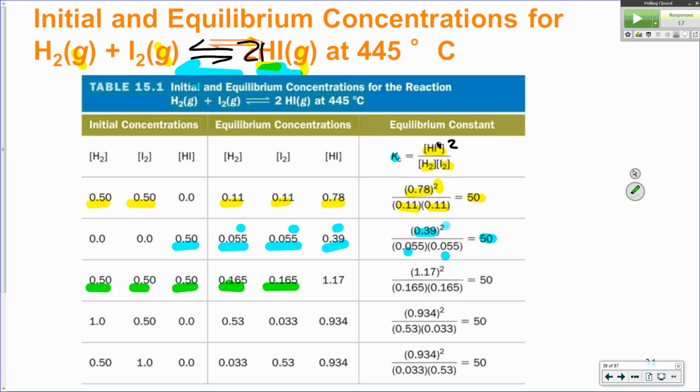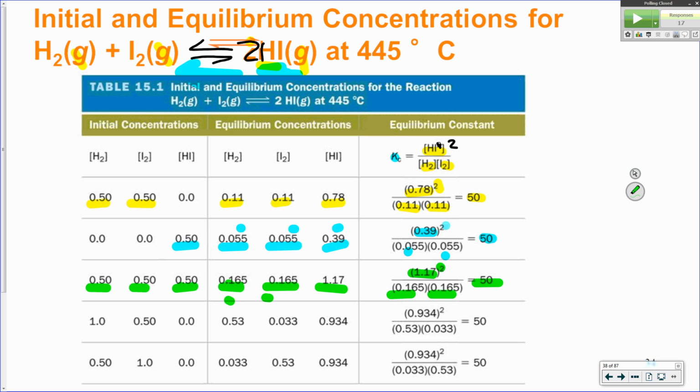The products started at 0.5 and have now increased to 1.17. If I plug it in the K sub C expression, products squared over reactants, do the math, it's still 50. That's a good thing about chemical equilibrium. It doesn't matter where you start or what you have, the system's going to go to the same point of equilibrium every time.